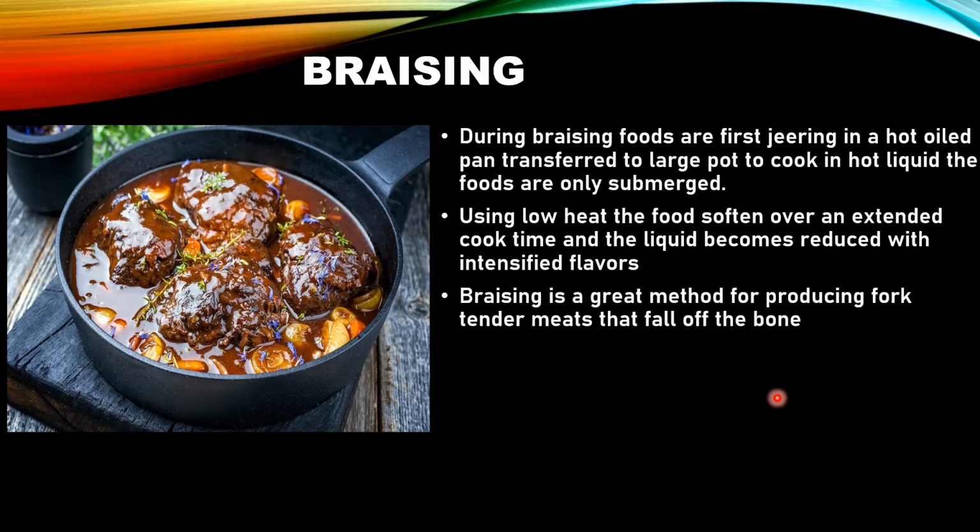Braising is a great method for producing fork tender meats that fall off the bone. The diagram below shows an illustration of food being braised. The best foods for braising include meat, vegetables, and legumes.